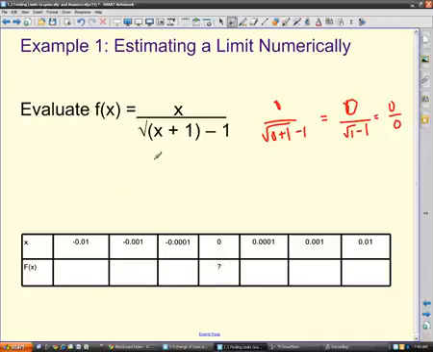And so basically we're going to plug these values into this function, and you'll notice the values get closer and closer to 0 as I go from either side. So I just need to figure out what's happening, and probably the best way to do this is to either graph this function and use the table, or the other way is just to type this function in over and over again.